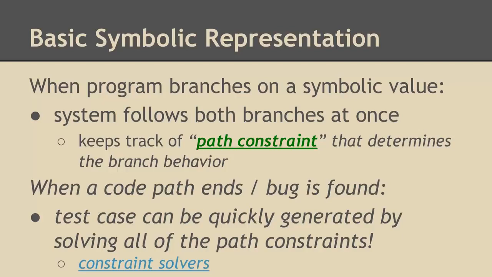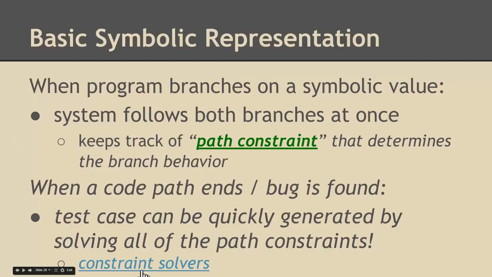that determines which path is going to be decided. So when an execution eventually ends or terminates, and it's determined that it crashed or perhaps there was a bug, it can then iterate through all the path constraints that it kept track of and determine quickly how to generate a test case to solve all of that.